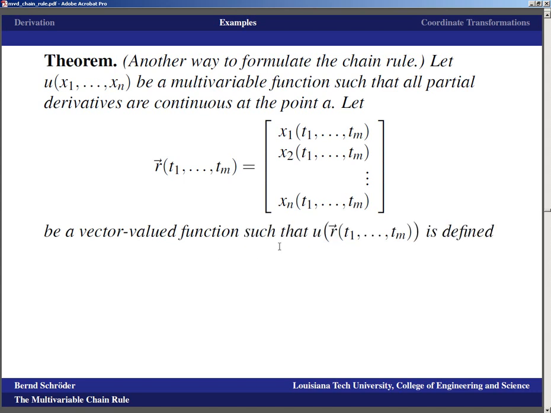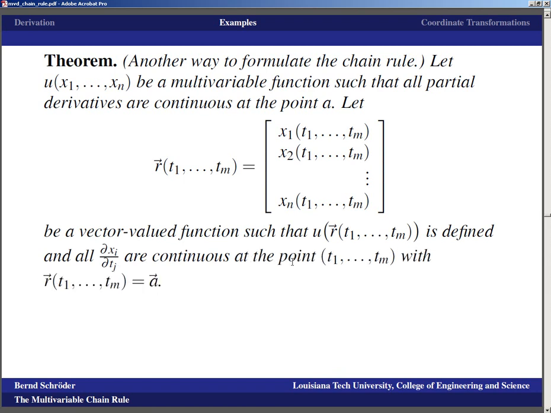And let that be a vector valued function so that u of r of t1 through tm is defined, and so that all the partial derivatives of the xi with respect to the tj are continuous at the point t1 through tm, for which we have that r of t1 through tm is a, so at the point where we want to ultimately differentiate.